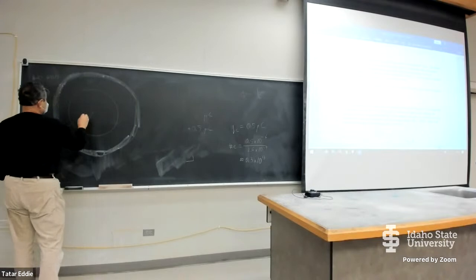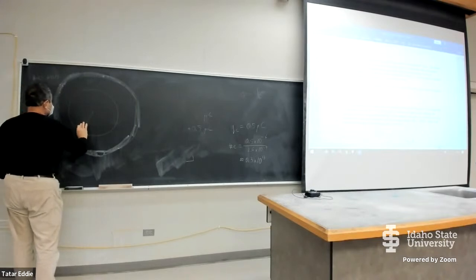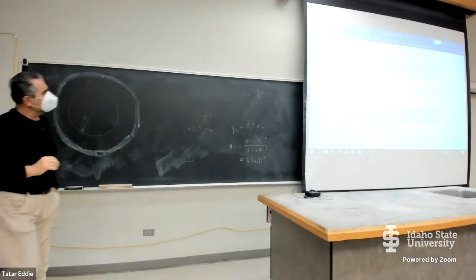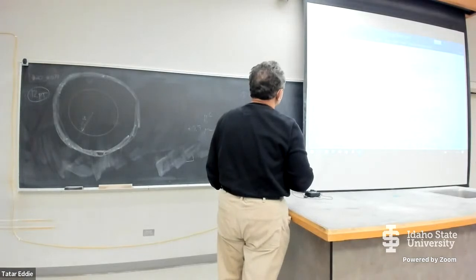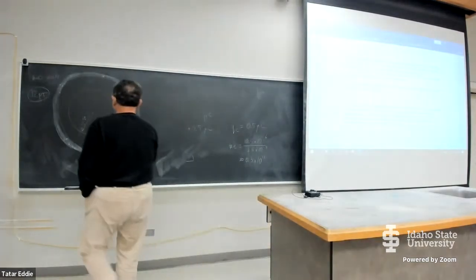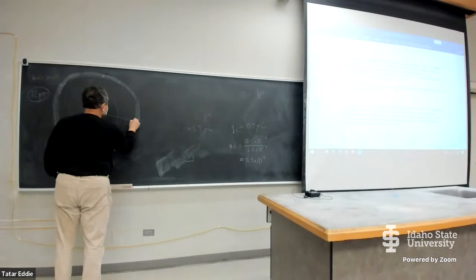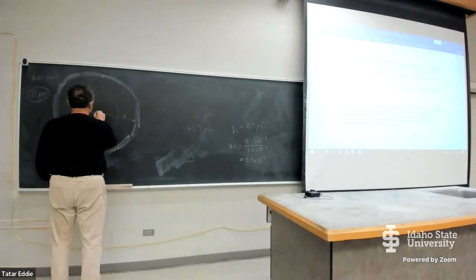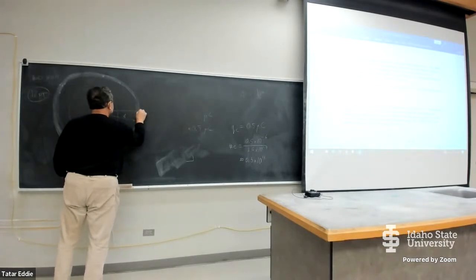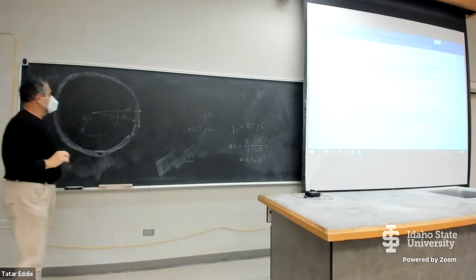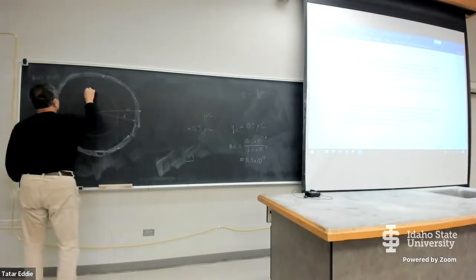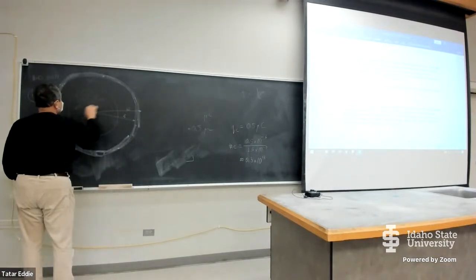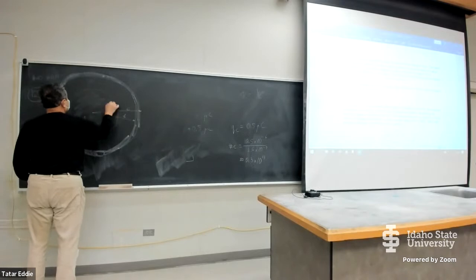So let's see the numbers. The inside sphere has radius A, and the large sphere has inner radius B, so from here to here is B, and from here to here is C, like this, okay? And of course this is solid, so all of it has to be solid like this.